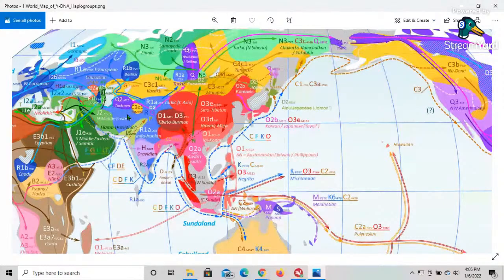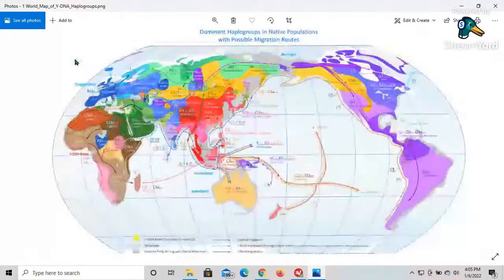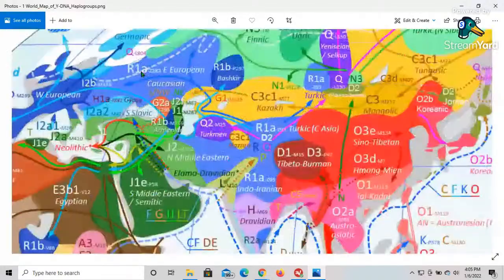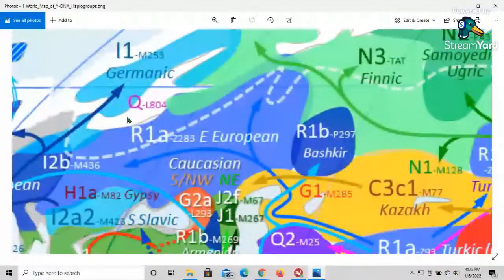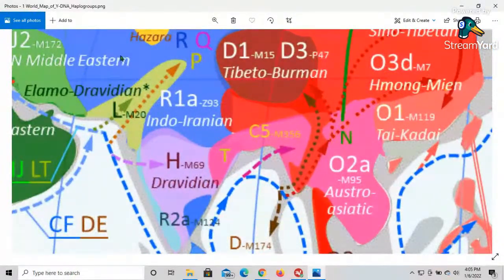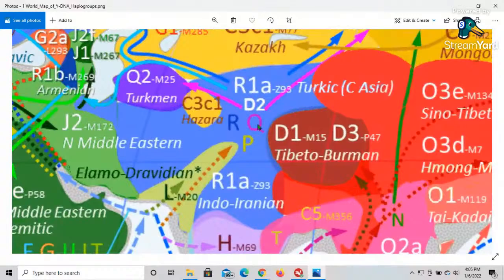Of course, the Q is way up here because the Q was in Europe. I mean, Madai was in Europe as well as Gomer. So Madai not only is Madai of the Medes, which is from this area here, the Q, this would be the area of the Medes, right?